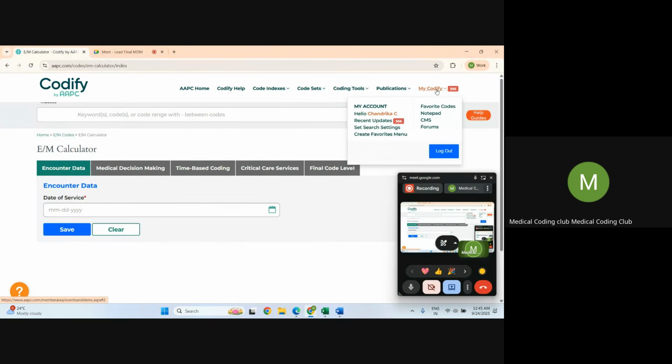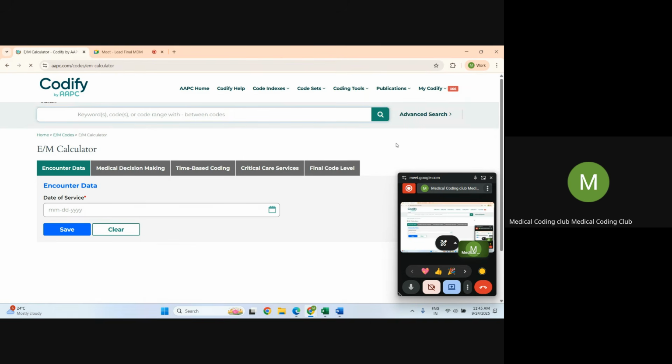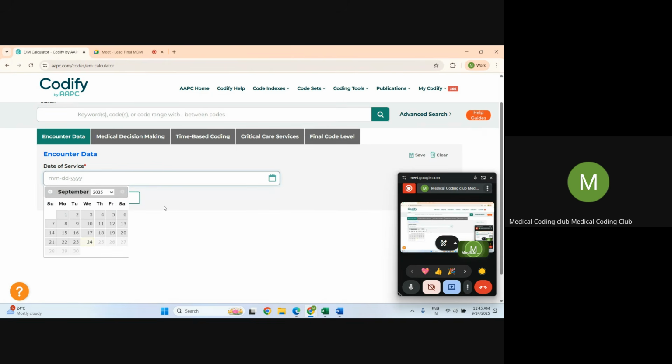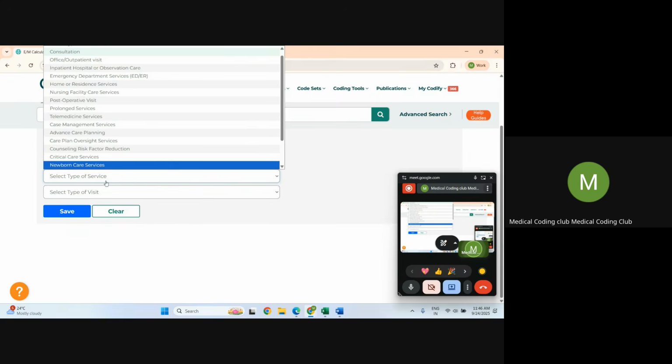So you can see we have the E/M calculator here. Now you can choose the date of encounter, like I am choosing randomly. You can choose whatever is in your medical record. Next you have to select the type of service.